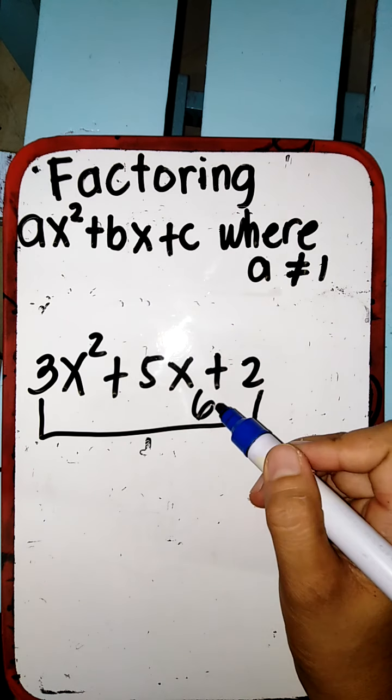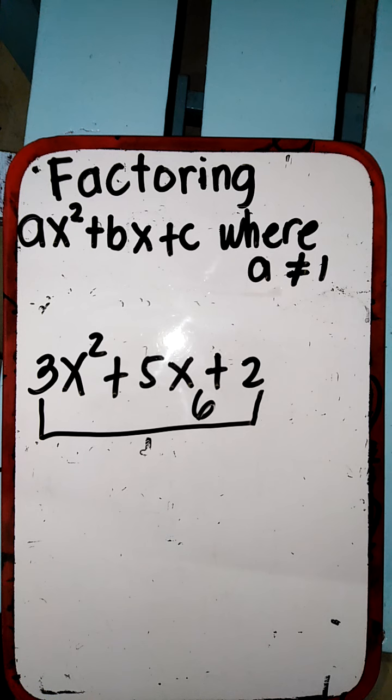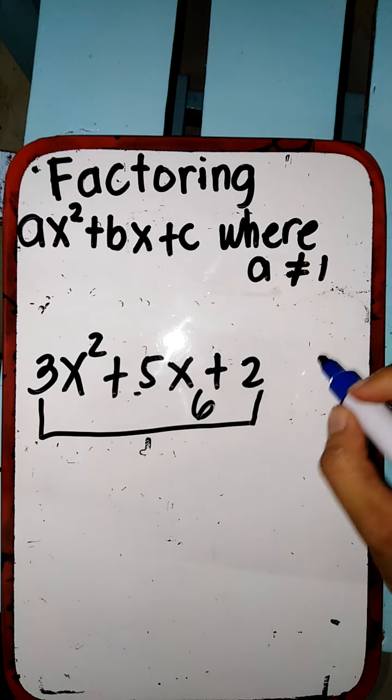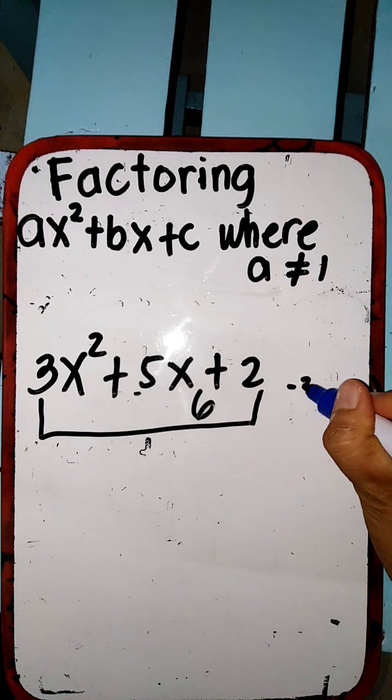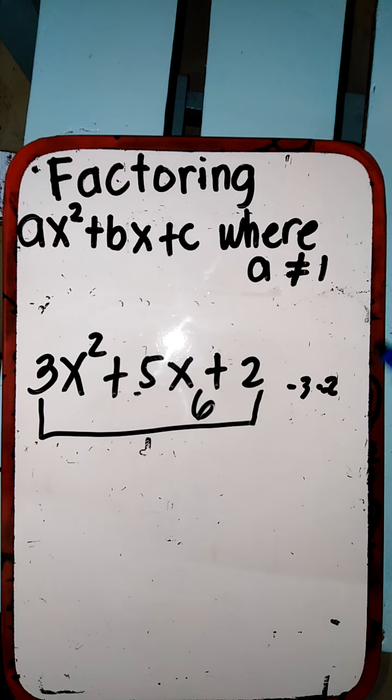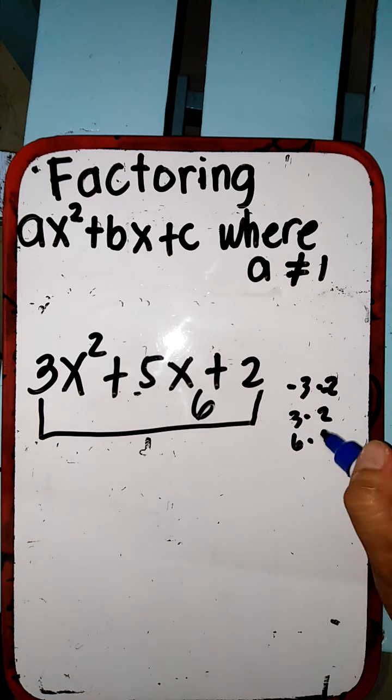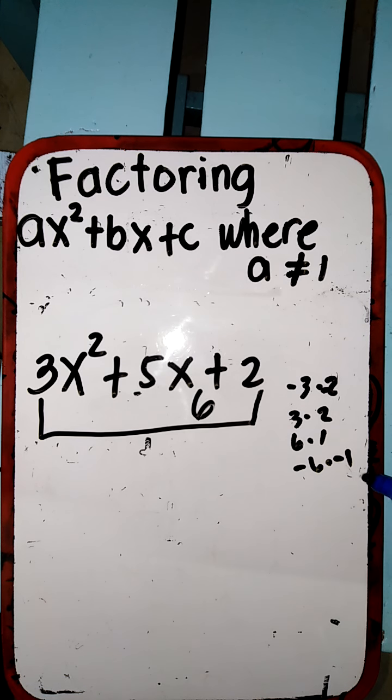Positive 6, right? Then we are going to find the factors of 6 whose sum is equal to 5. We have negative 3 times negative 2, 3 times 2, 6 times 1, and negative 6 times negative 1.